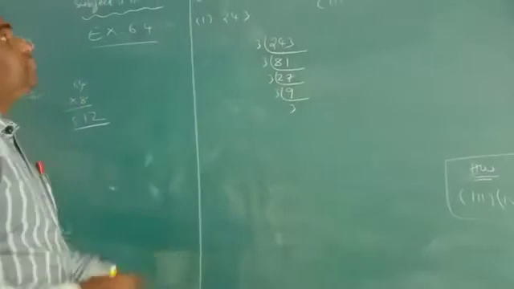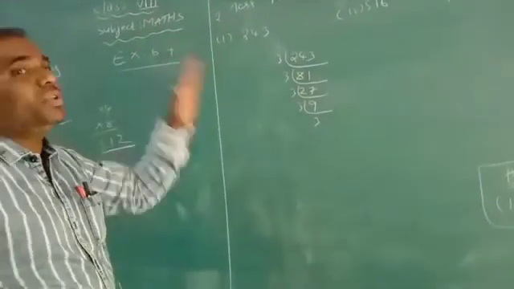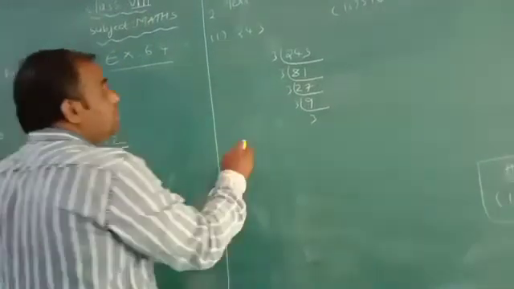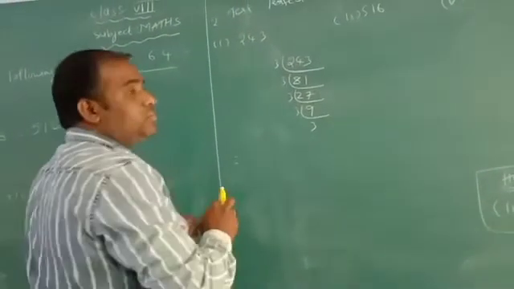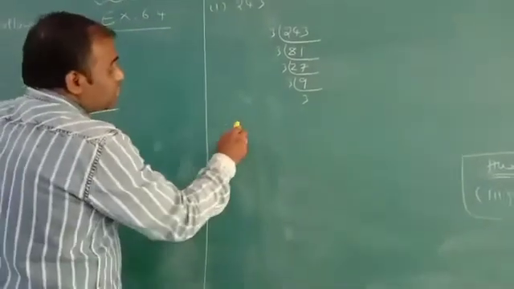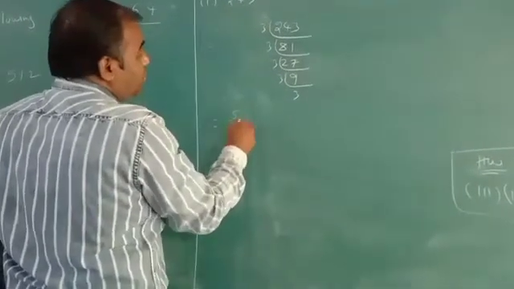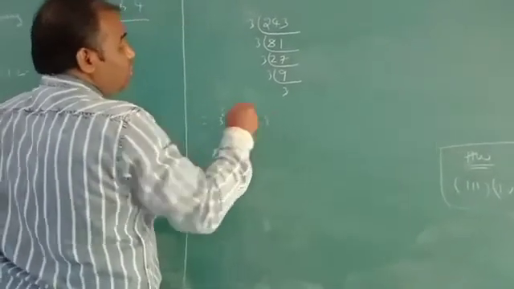Means perfect cube is what? In the exponent, multiples of 3 only. See here in exponent, but what do multiples of 3 mean? Here 3 to the power 5 is equal to 243.